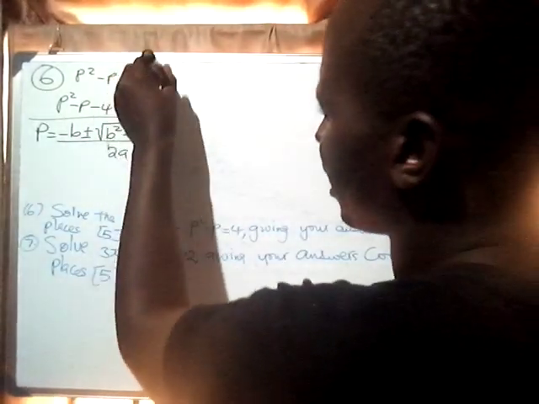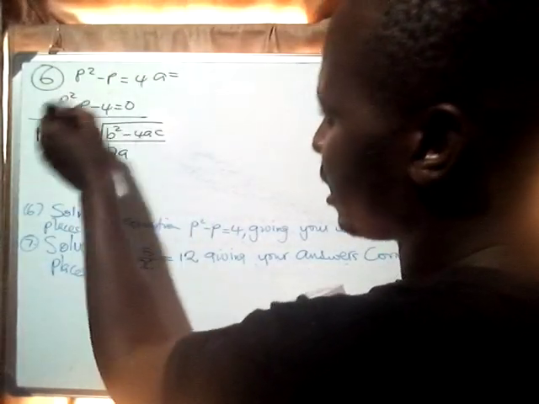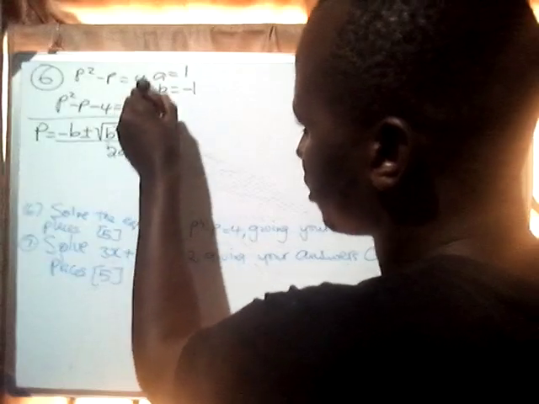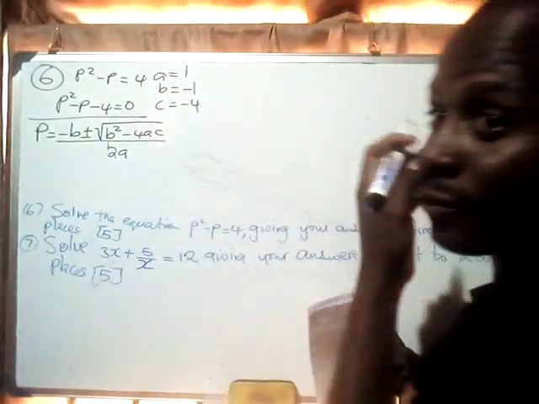So which one is our a there? Our a is 1, our b is negative 1, and our c is negative 4.